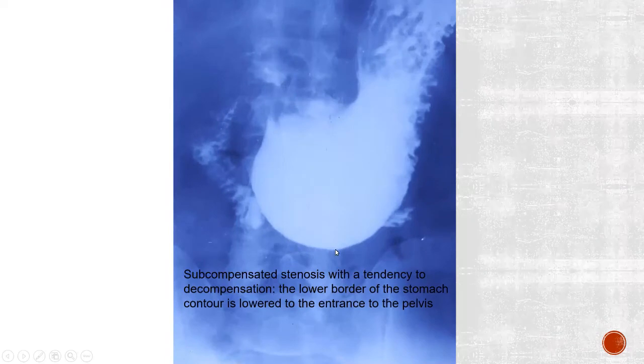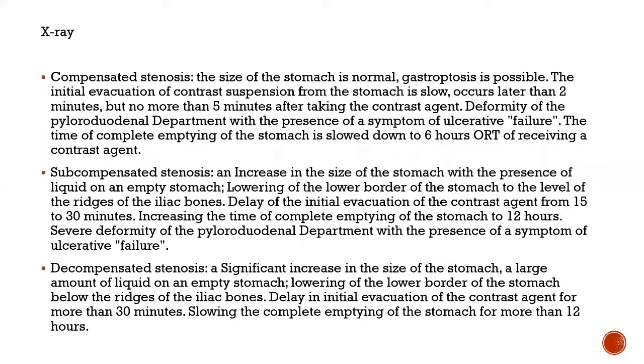And here is the lower border, you see, to the iliac bones. It is low, to the entrance to the pelvis. Delay of the initial evacuation is from 15 to 30 minutes, and the complete emptying is slowed down to 12 hours.